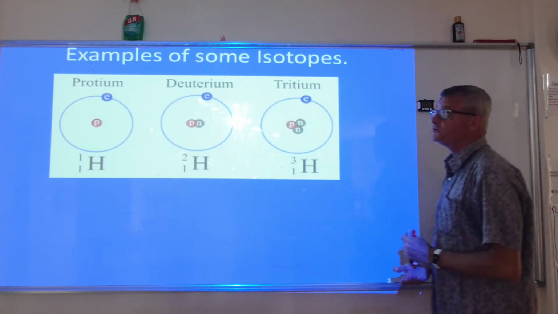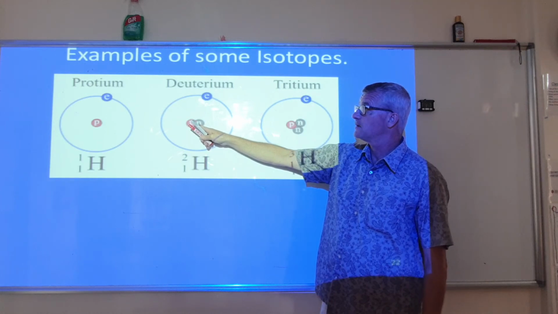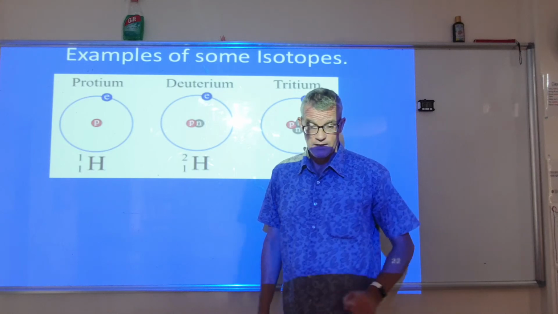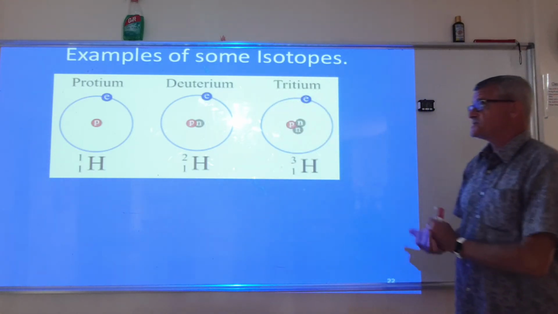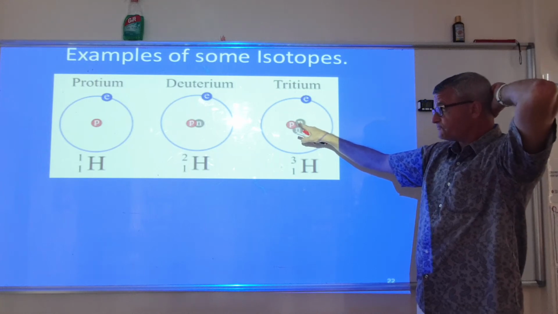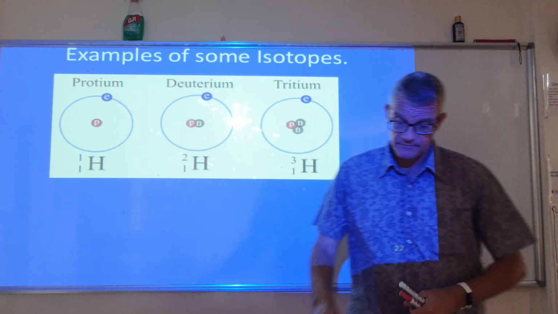When we talk about deuterium, it has one neutron and one proton, and you see 2 and 1 here. And when we talk about tritium, it has 3 nucleons inside the atom, 2 neutrons and 1 proton.